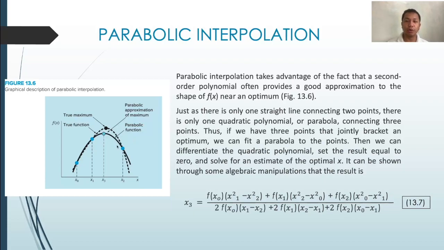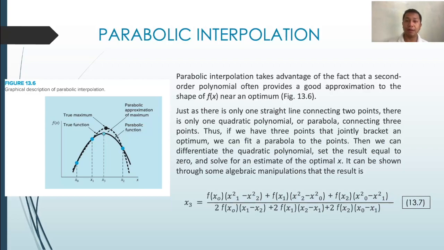Just as there is only one straight line connecting two points, there is only one quadratic polynomial or parabola connecting 3 points. Thus, if we have 3 points that jointly bracket an optimum, we can fit a parabola to the points. Then we can differentiate the quadratic polynomial, set the result equal to 0, and solve for an estimate of the optimal x.